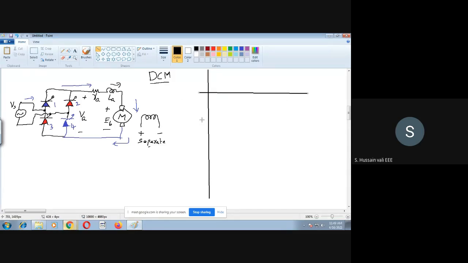In discontinuous conduction mode also we will draw all three waveforms: the supply voltage waveform, the output voltage waveform, and the current waveform.